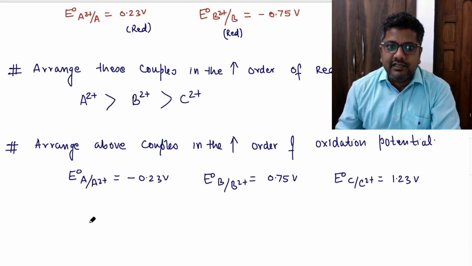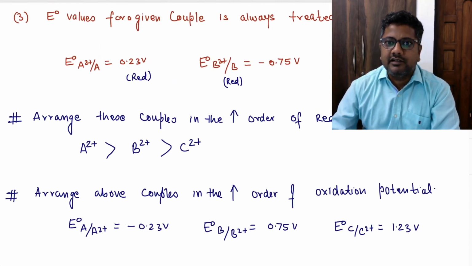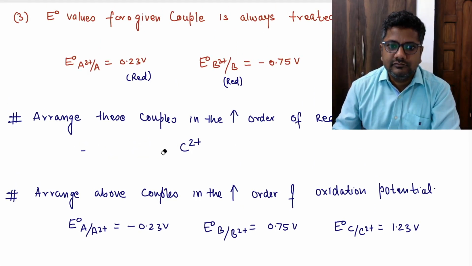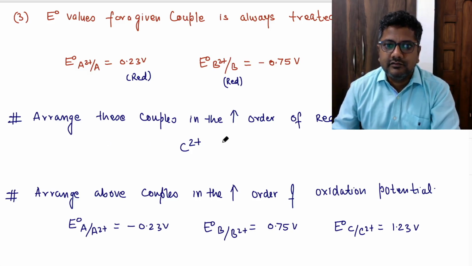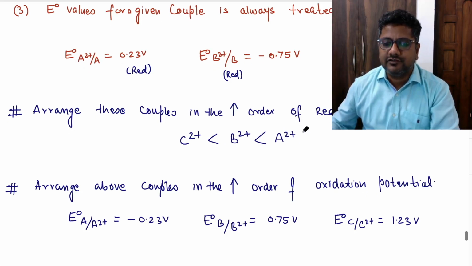So this is what I have asked, increasing order, but written in the decreasing order. Increasing order: C2 plus, B2 plus, and A2 plus, right? Now it is okay.